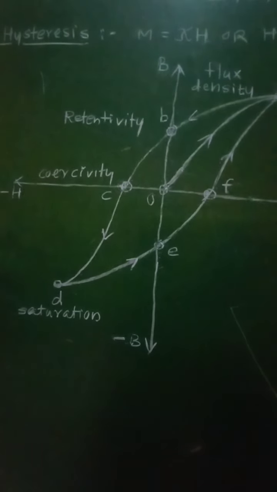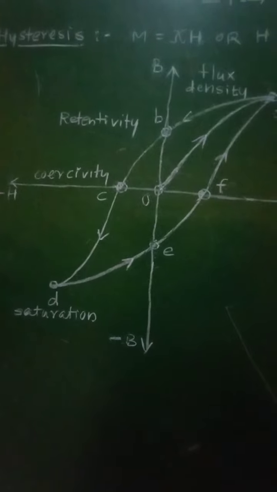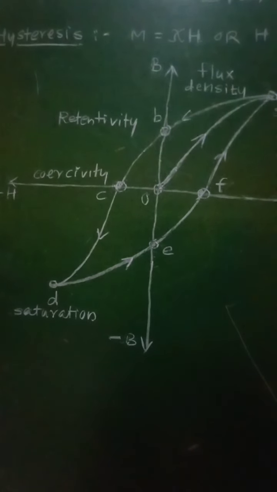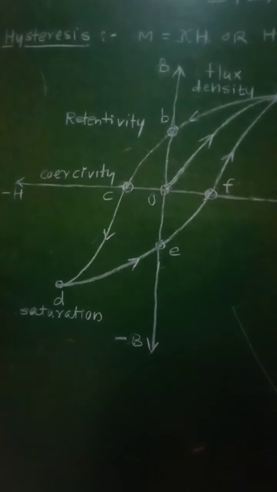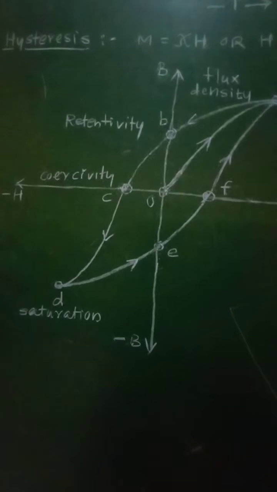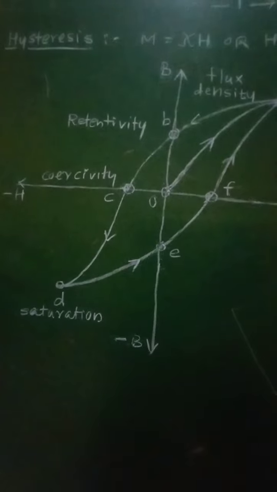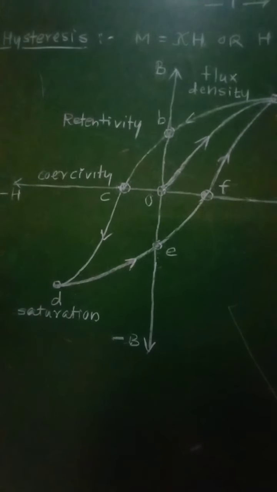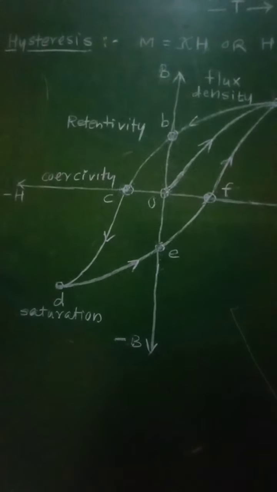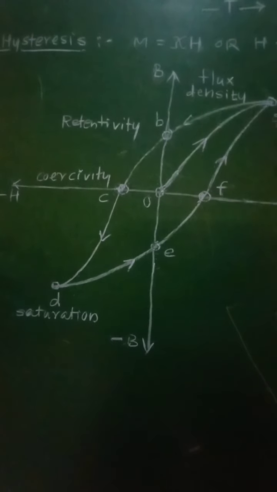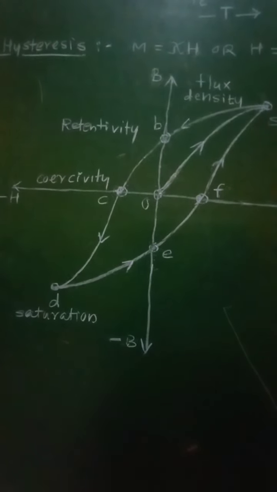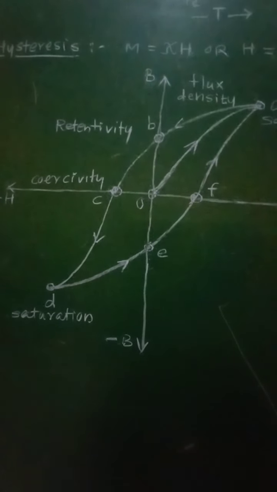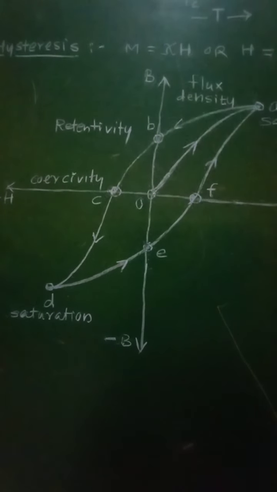Now if the current is further increased, B increases and again reaches saturation on the opposite side, that is at point D. If H is increased further at point D, B does not increase. From point D onwards, when H is reduced, B also will be reduced along the path DE.